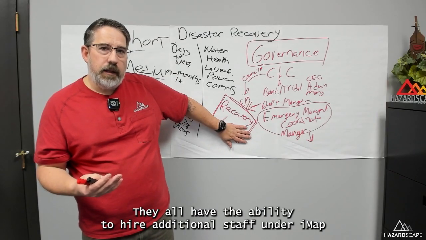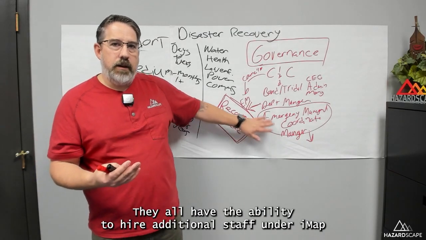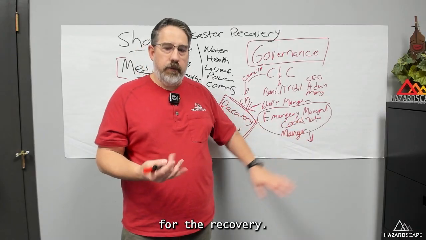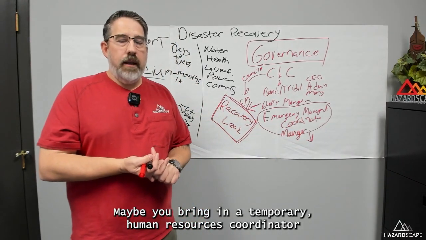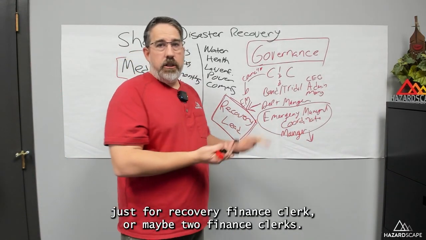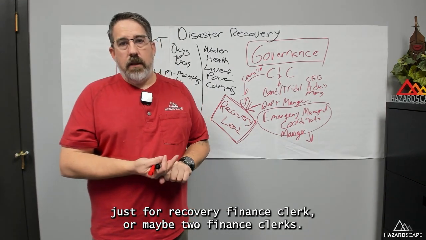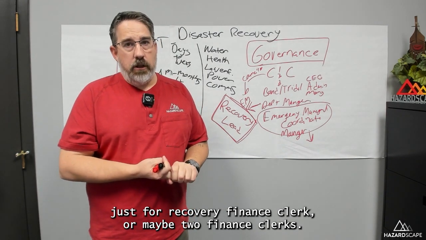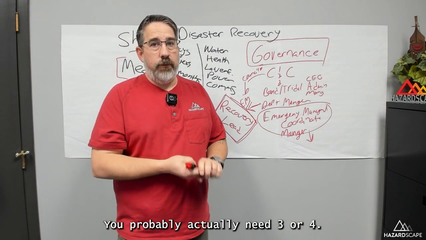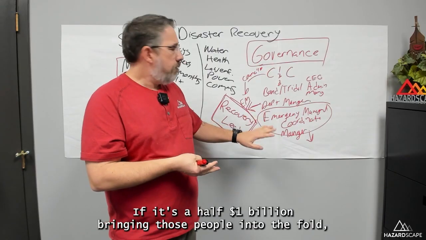They all have the ability to hire additional staff under EMAP for the recovery. Maybe you bring in a temporary human resources coordinator just for recovery, a finance clerk, or maybe 2 finance clerks. You probably actually need 3 or 4 if it's a $500 million recovery.